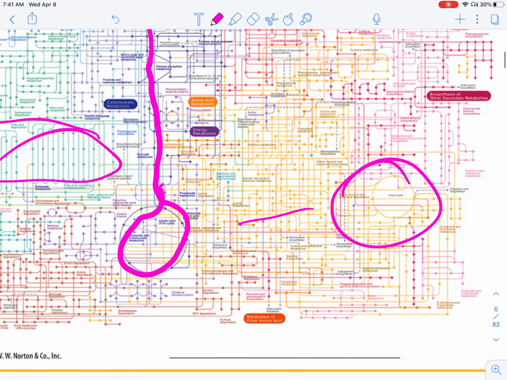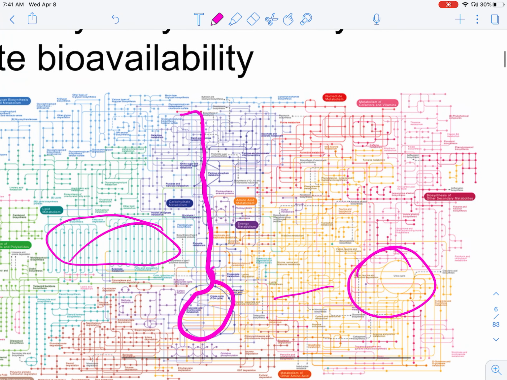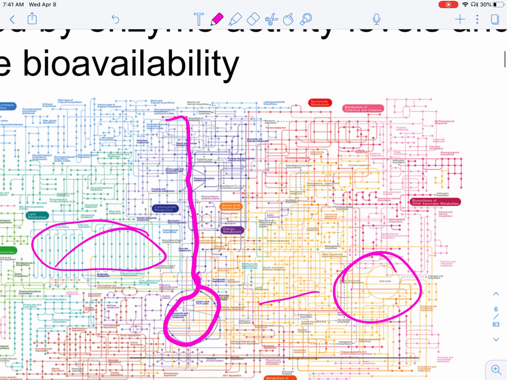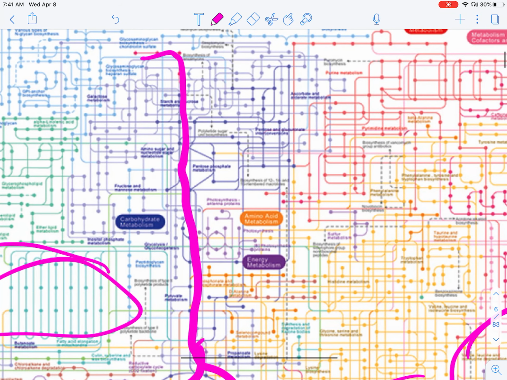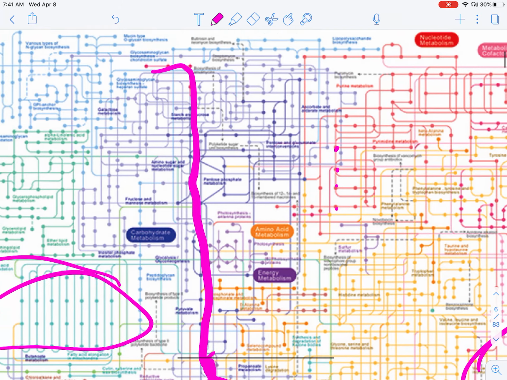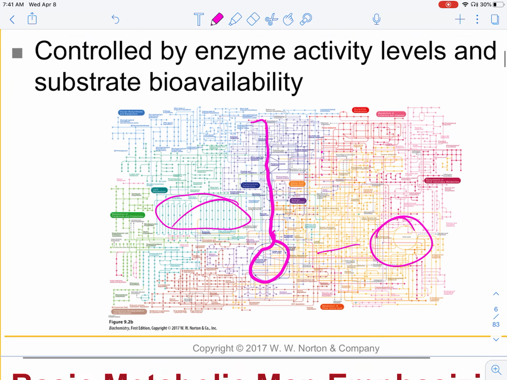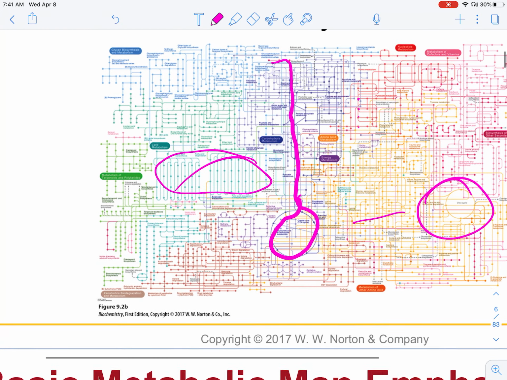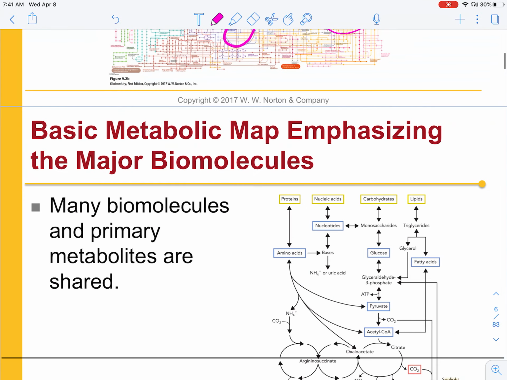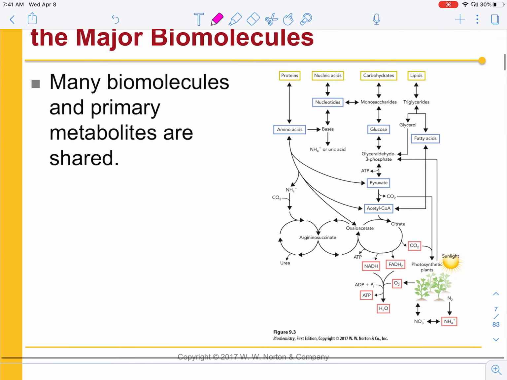This is the urea cycle, so this deals with amino acid catabolism. And you can see each of these little dots are enzymes and steps in metabolic pathways. So you can see how interconnected these things are, and again, they are related.